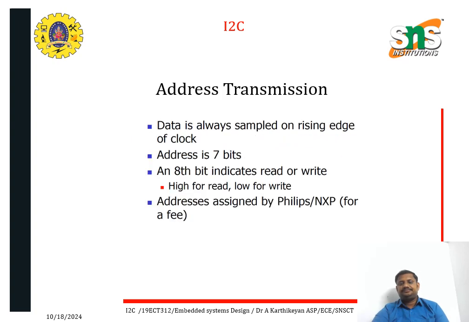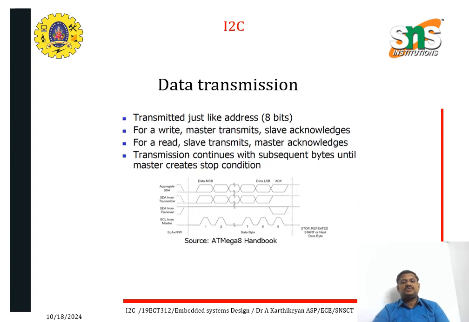For address transmission, data is sampled on the rising edge of the clock. The address is 7 bits and the 8th bit indicates read or write, high or low. Addresses are assigned by Philips or NXP.